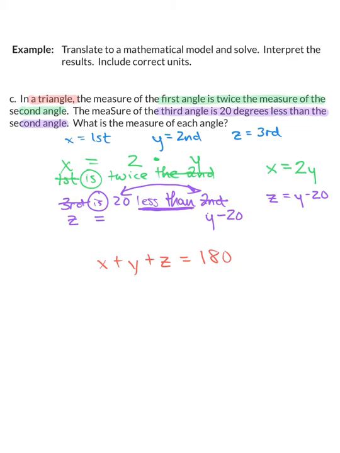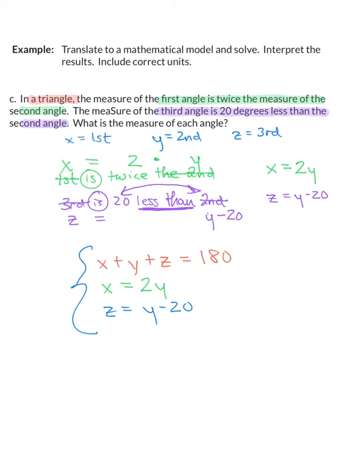So my system of equations is x plus y plus z equals 180, x equals 2y, and z equals y minus 20. Okay, hopefully we're okay up to that point.